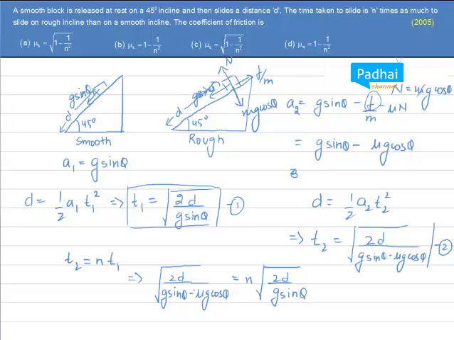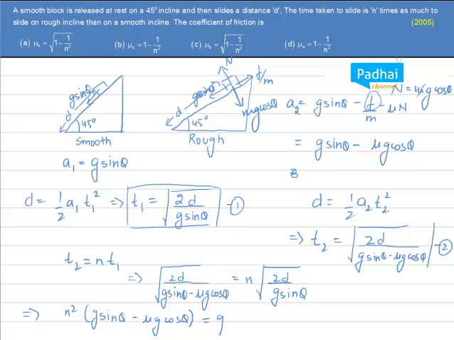So what we will do, we will square both the sides and we'll cancel out 2d, 2d. So from squaring and cancelling, we'll get n square into g sine theta minus mu g cos theta.